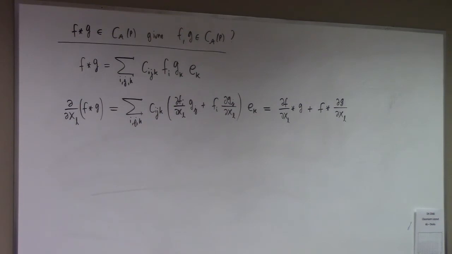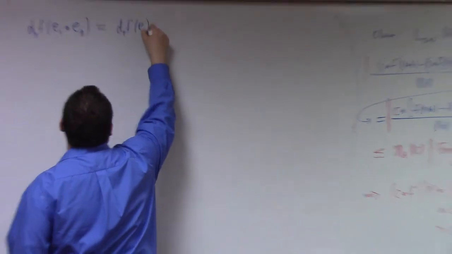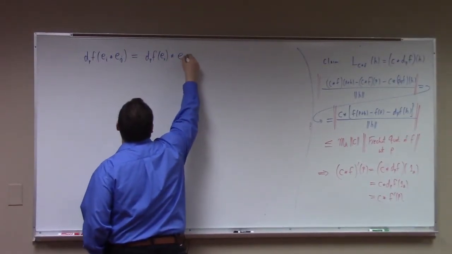What are other ways we can characterize differentiability at a point? Let's see here. So we had d_p f of e_i times e_j.